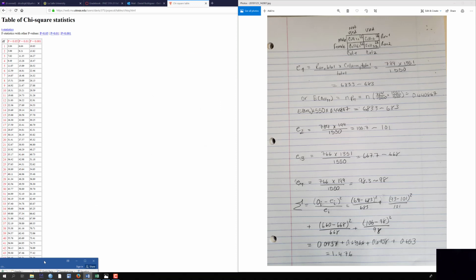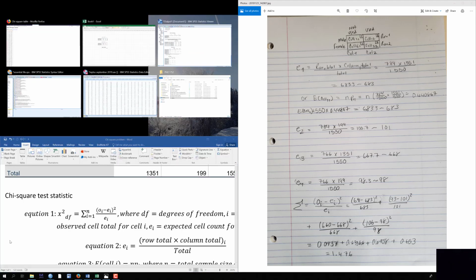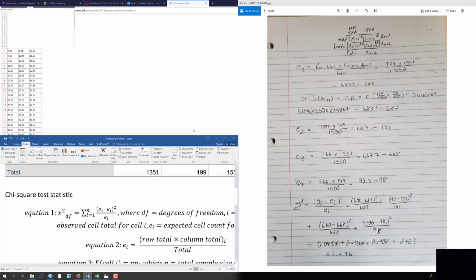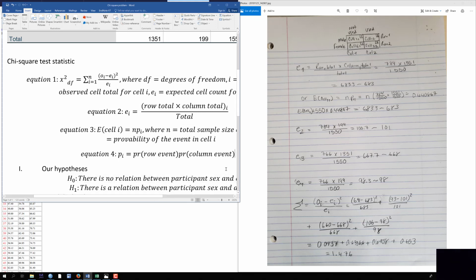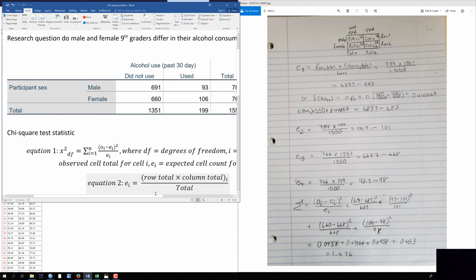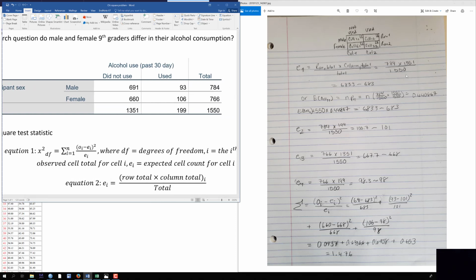Here's our table. So we have 784 times 1351 divided by 1550. That's what we did here. That works out to be 683.3, which I'm just rounding down to 683.